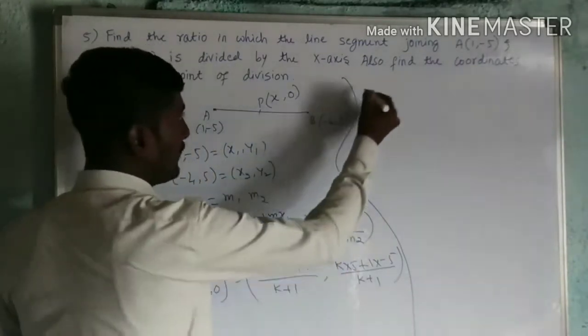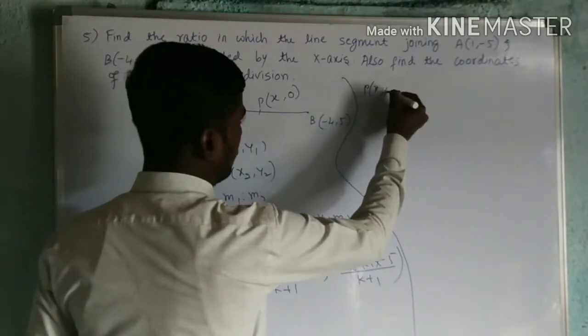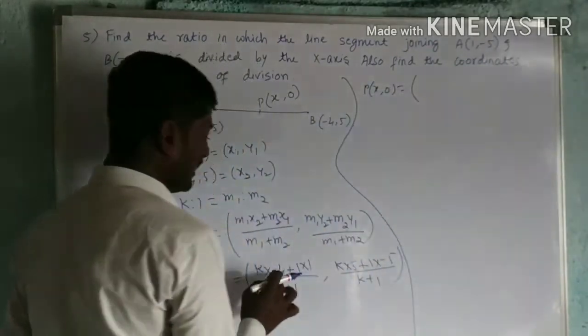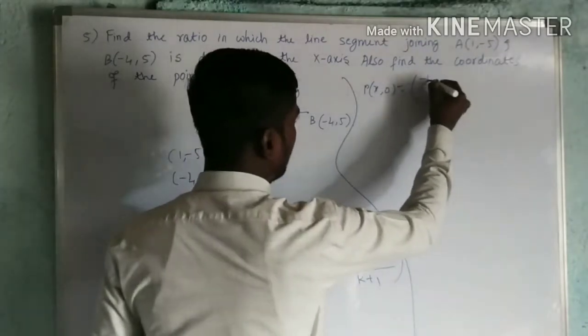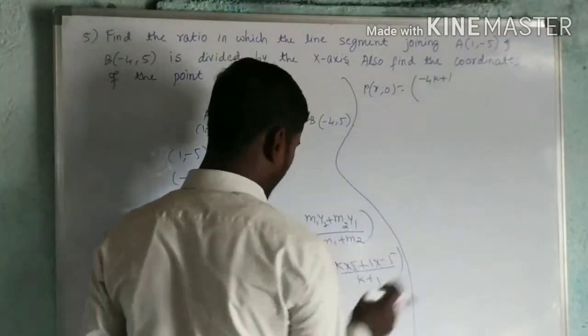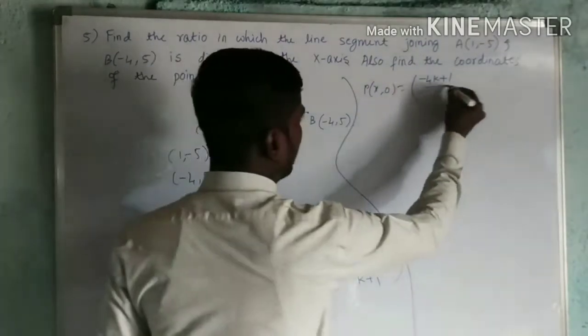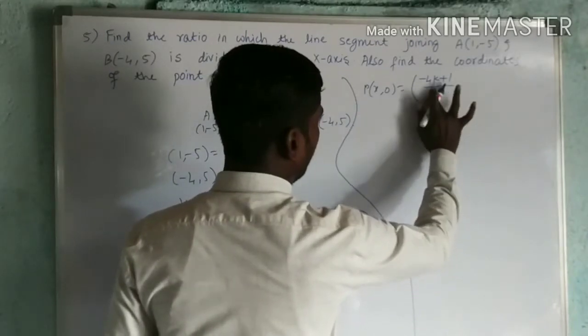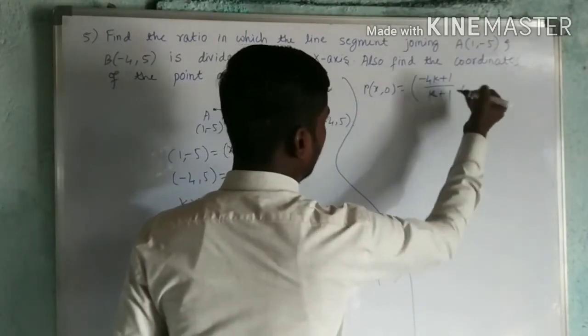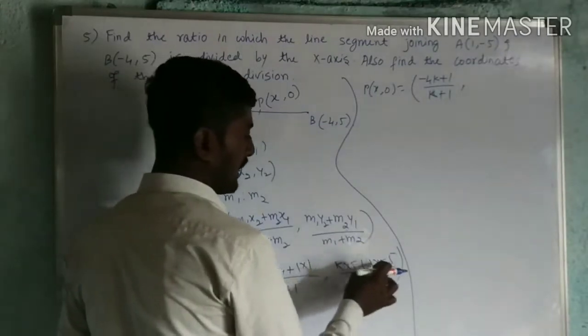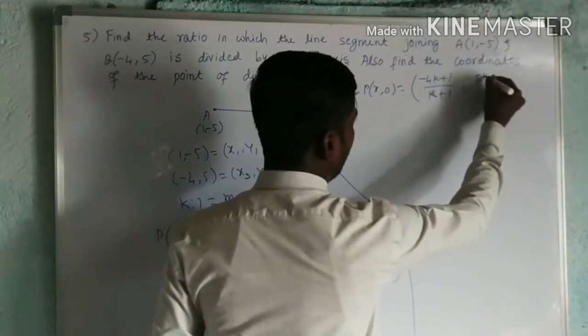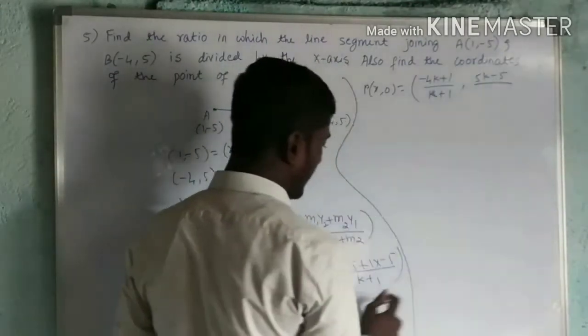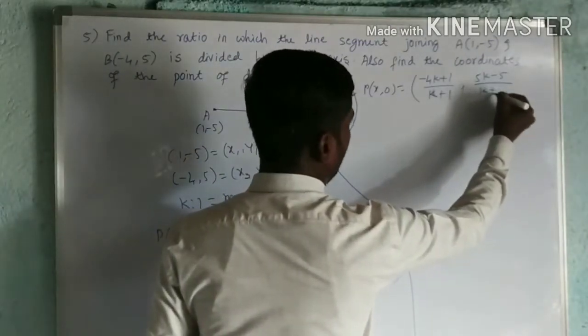Now P(x, 0) is equal to ((-4k plus 1) divided by (k plus 1), (5k minus 5) divided by (k plus 1)).